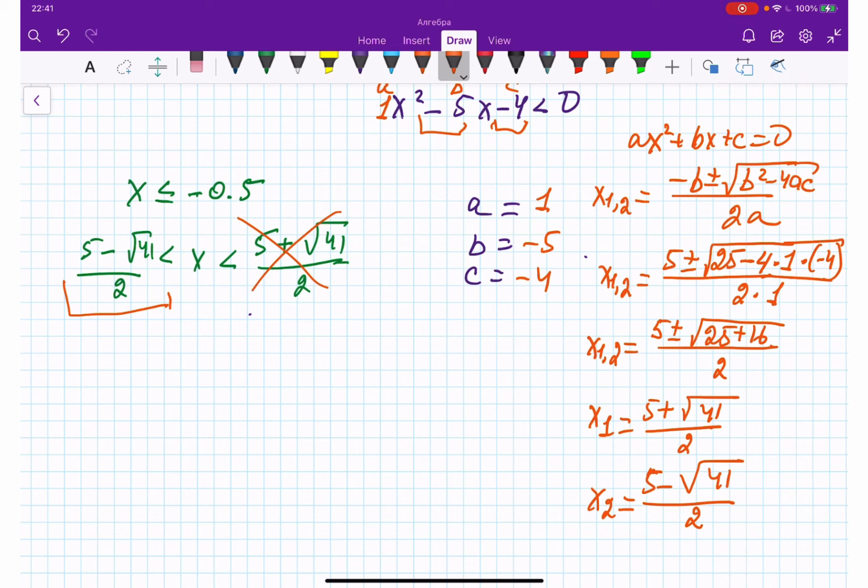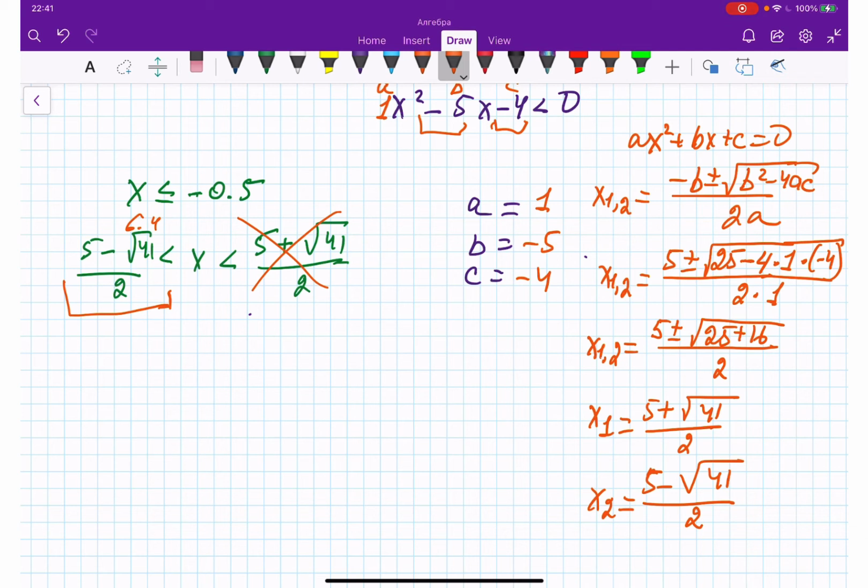All we're going to have is this one, because this is negative 6.4. And 5 minus 6.4 is going to be what? Negative 1.4, right? And negative 1.4 divided by 2 is negative 0.7, which is less than -0.5 and satisfies this expression.